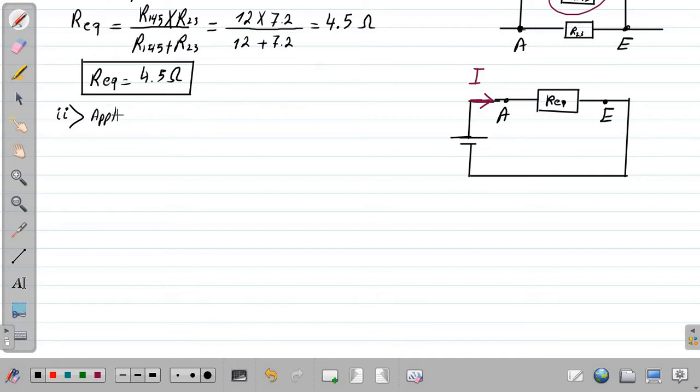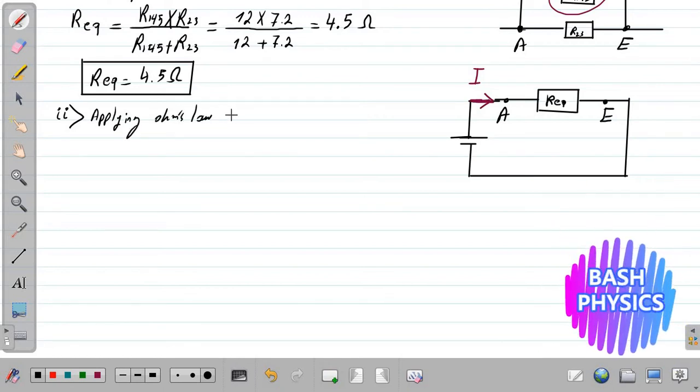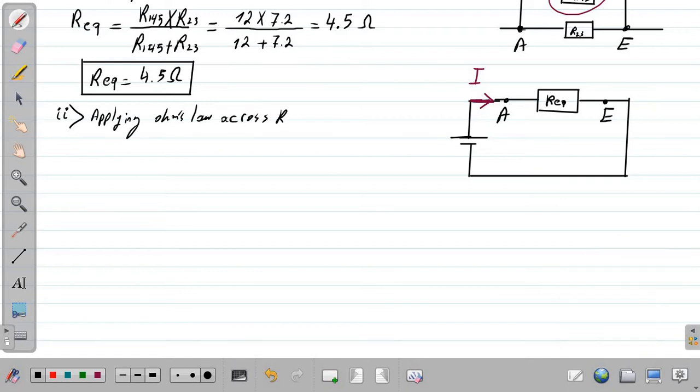Applying Ohm's law across R equivalent, that construct the triangle for this law.